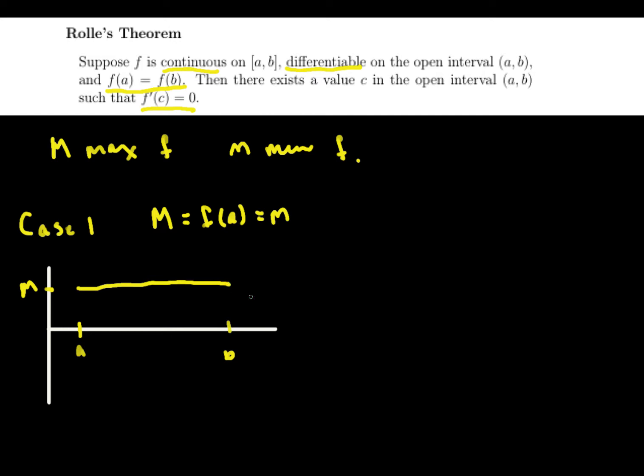Right? If the max and min are the same, then I've got a constant function. Our function has to be f of x equals M. Well, what is the derivative all the way through here? Everywhere the derivative is zero since it's a constant function. So in case 1, where the max and min are the same, the derivative is always zero. So obviously there is a value inside, let's call it c, where f prime of c is 0.